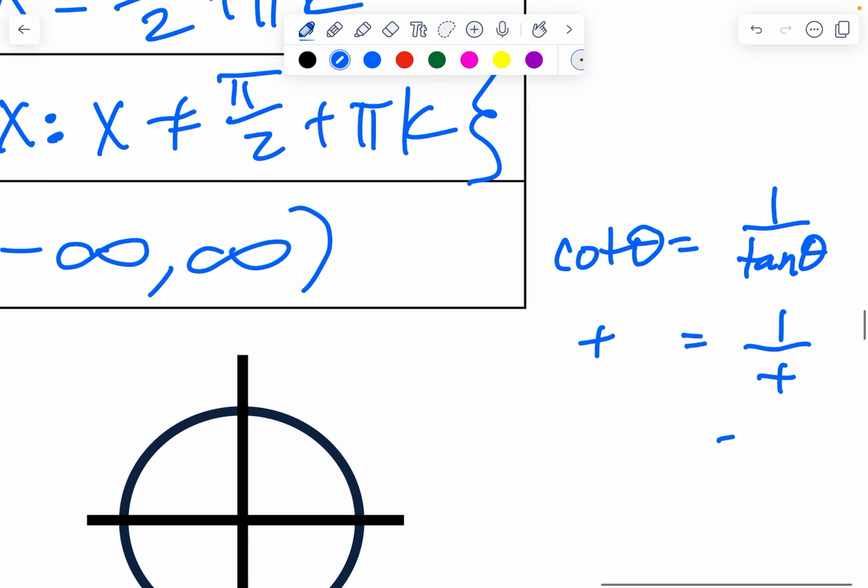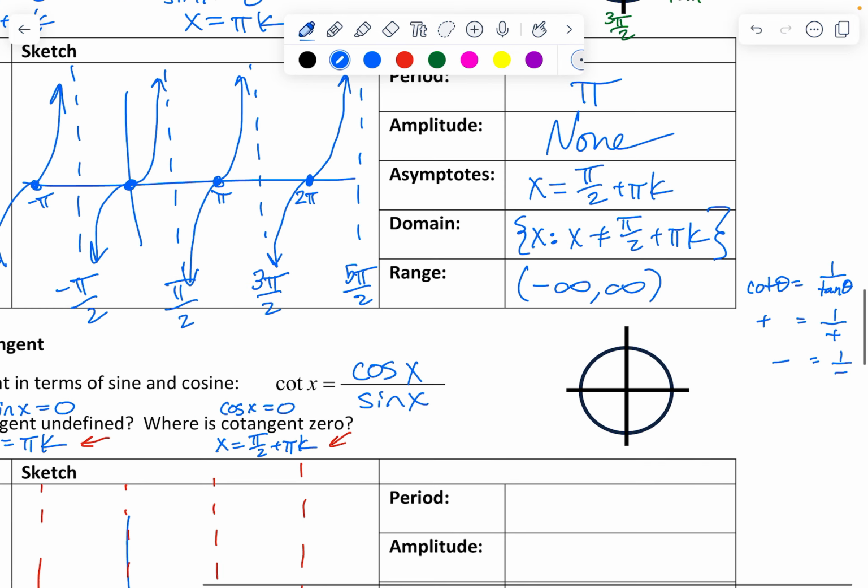If tangent were negative, 1 over something negative is still going to be negative. So with this one over here, cotangent, let's do it in green to match the other. It'll be positive, it'll be negative, just like tangent is.